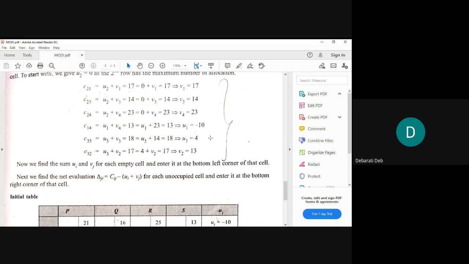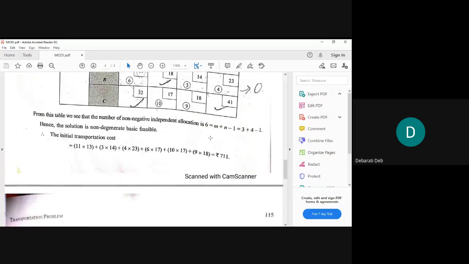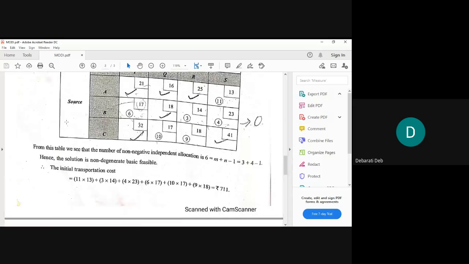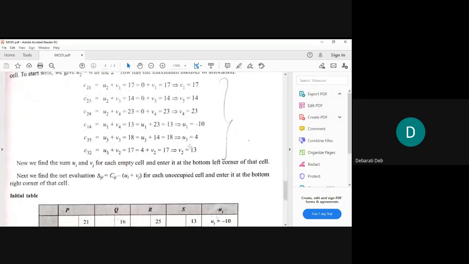Now as we know U3, we can calculate for this cell, that is 17 where 10 has been allocated. Next you write C32 equals U3 plus V2 equals 17.